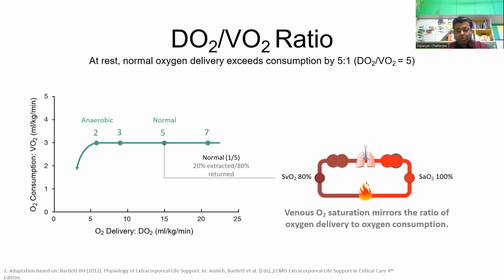So our delivery of oxygen to the tissues is quite in excess, and it takes care that if there is a higher requirement of oxygen, then there can be increased extraction of oxygen from this delivered oxygen, and the venous saturation will gradually come down.